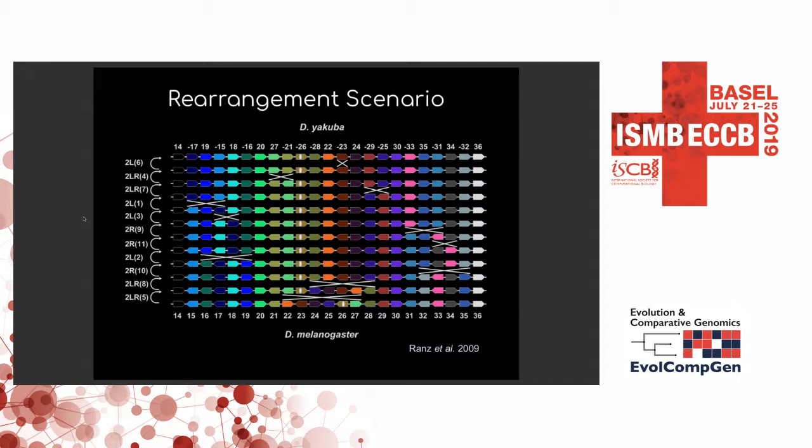So on an evolutionary scale, people have looked at scenarios of rearrangements to transform one species into the other. This is an example on Drosophila. Things are much more complicated.